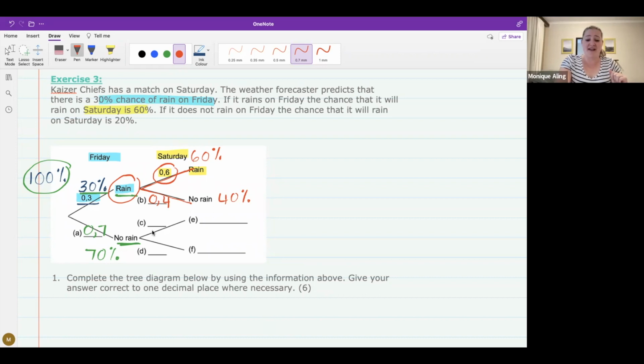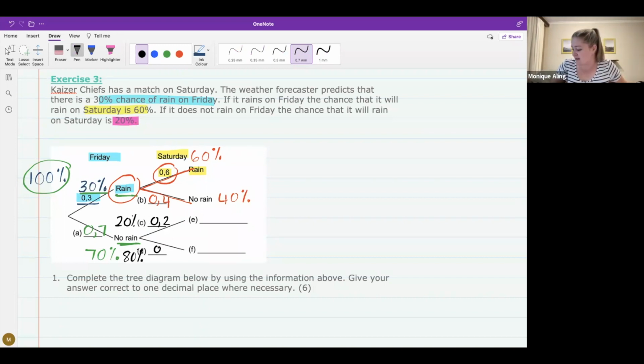Okay, then they didn't put any decimals in the diagram over here. However, they did mention that if it does not rain on Friday, the chance it will rain on Saturday is 20%. So 0.2 over here. And if it's 20% chance of rain, that means it will be 80% chance of no rain over here.